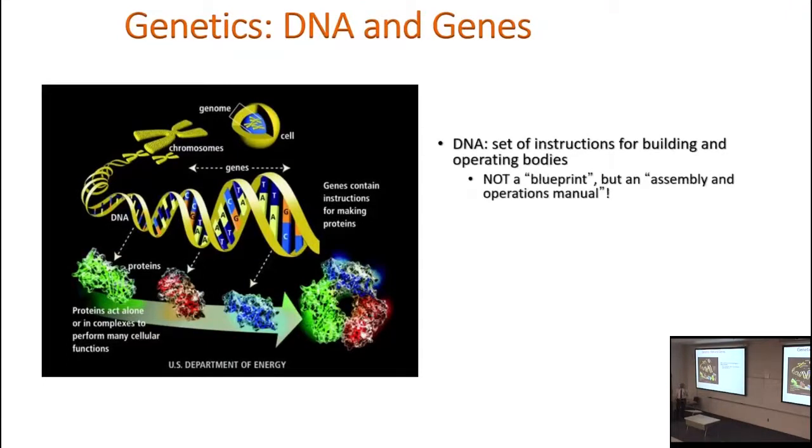So DNA is a molecule found in our cells that gives a set of instructions for building and operating bodies. Some people will talk about it being a blueprint, but that's not quite accurate. It's more of an assembly and operations manual. So if you take my genome, which is the totality of my DNA, and go through that, you will not find any code that codes for this particular hair.